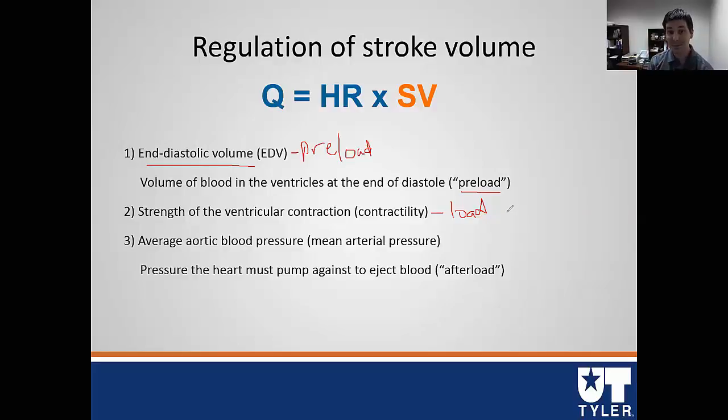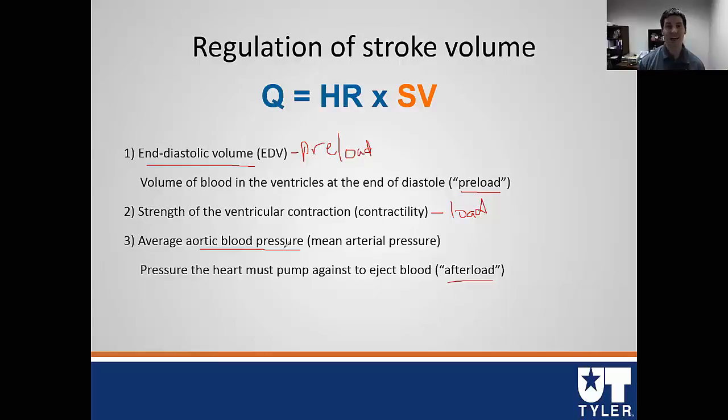This is going to be different than skeletal muscle, right? Skeletal muscle is an all or none muscle twitch response. However, we get actually a different ability to do that, and we'll explain that in further slides. And the last is what we consider afterload, or the blood pressure which it has to pump against. Blood pressure essentially represents the barrier that the heart has to pump against.